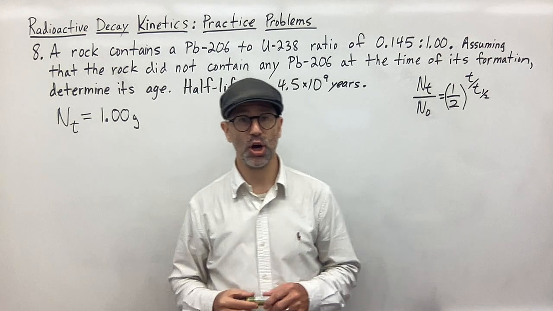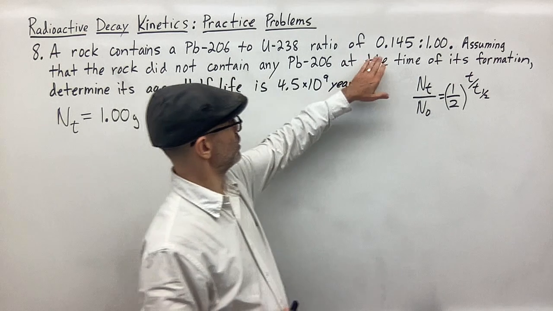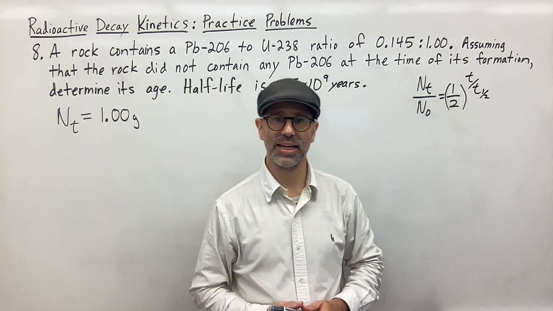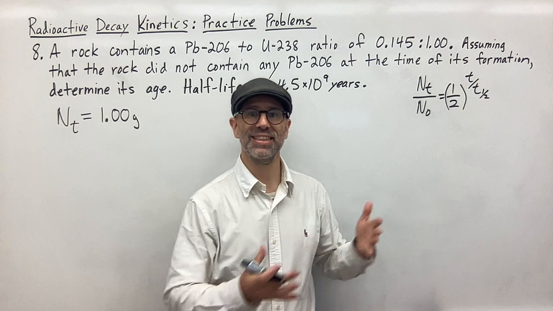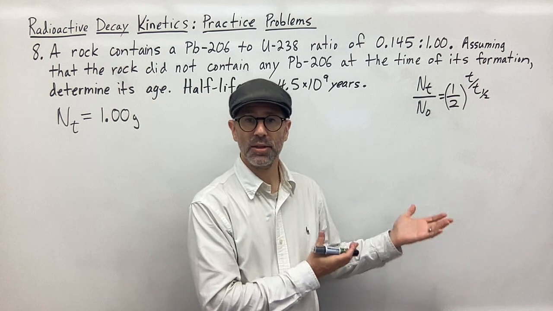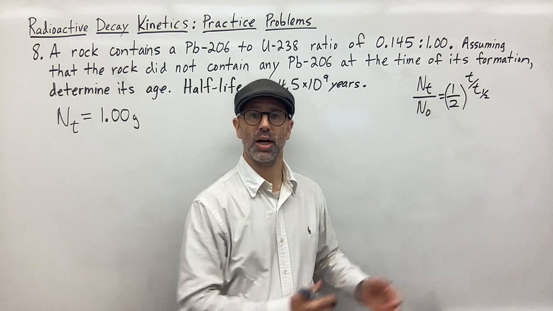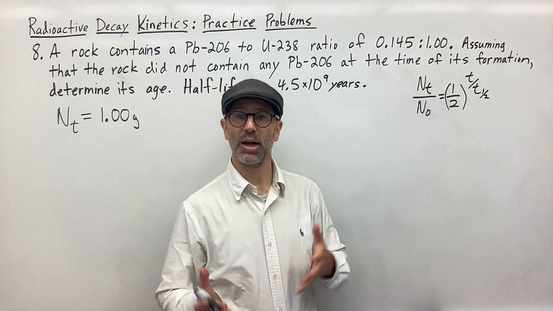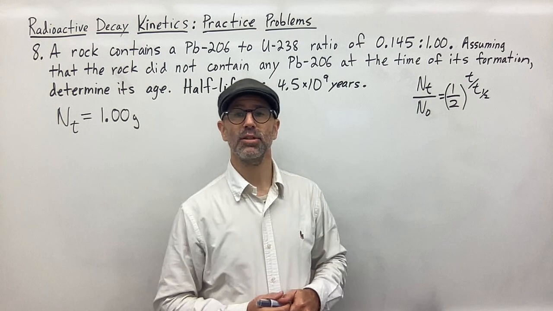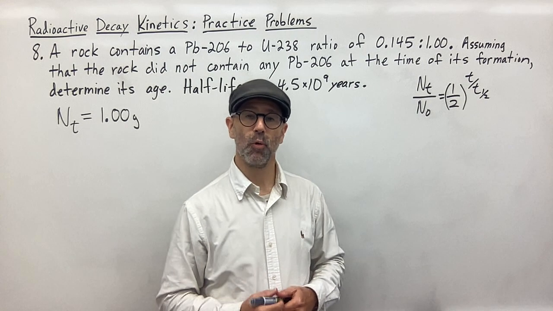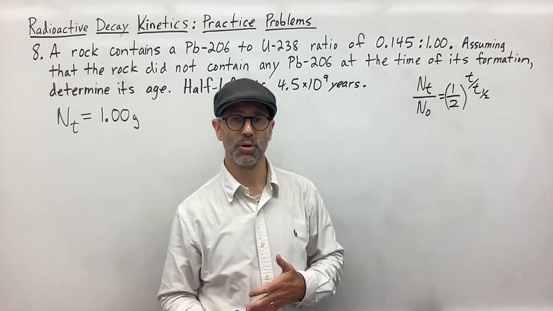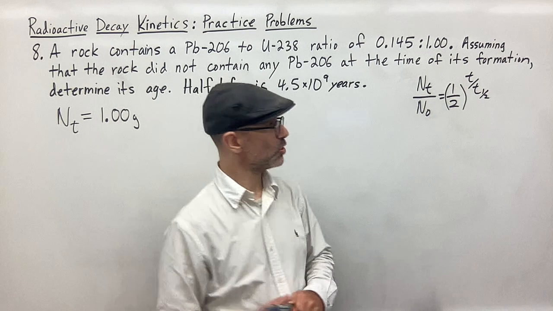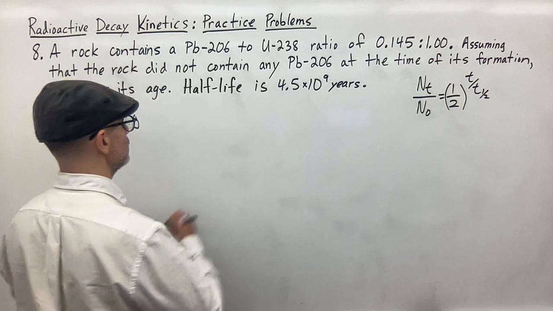But we do know that we have 0.145 grams of lead 206. The lead 206 came from the original amount of uranium 238. So to get the amount that was lost, we need to convert the 0.145 grams of lead 206 back into uranium 238. So let's do our conversions.